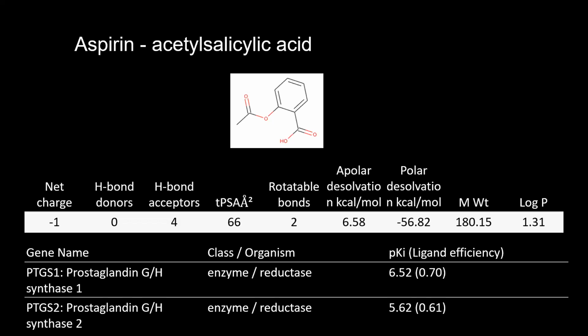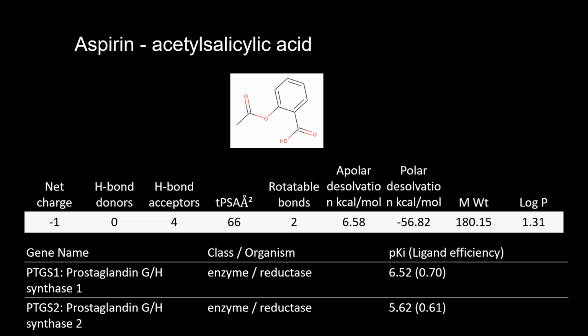So aspirin, some of the properties experimentally, and also another important thing you can see, it is binding to 2 different enzymes called prostaglandin synthase 1, prostaglandin synthase 2. There are 2 enzymes in the inflammatory pathway, okay, in the arachidonic acid inflammatory pathway.